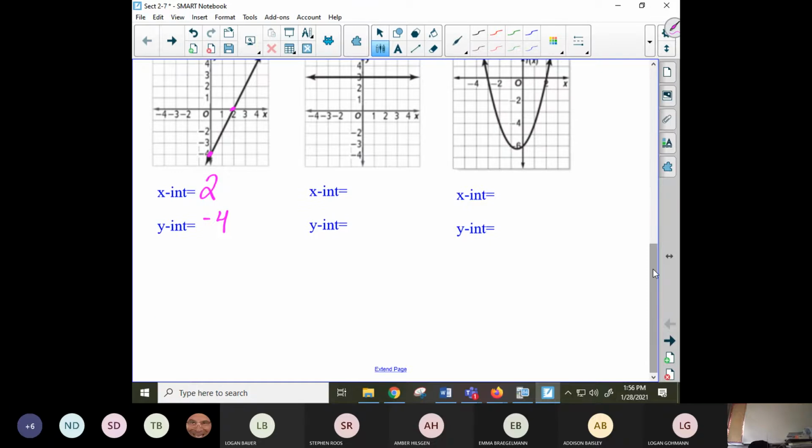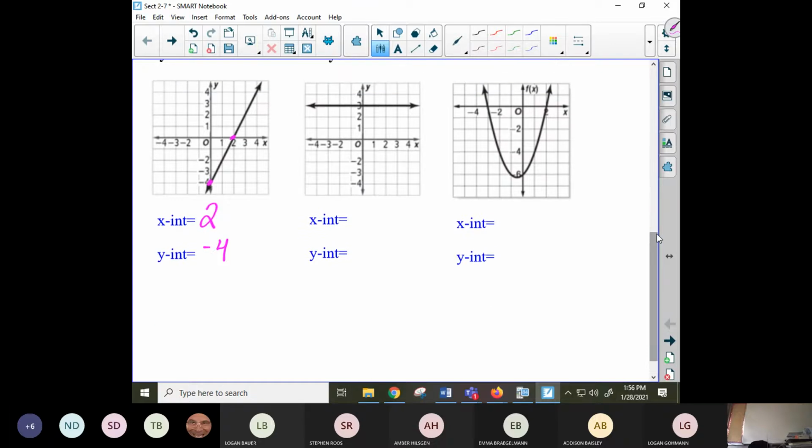This next one, the x-intercept, what do you think it would be for this one? None, correct. And then the y-intercept would be at 3. Now when I look at this one, you can have several x-intercepts, but only one y-intercept.